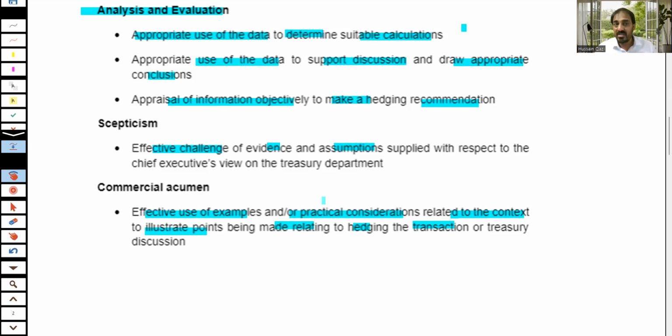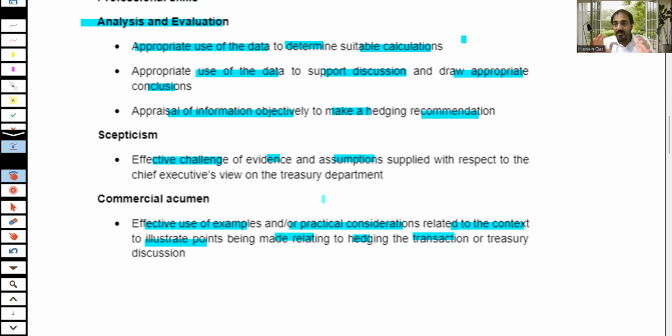That's commercial acumen. Do remember, the professional skills marks are not anything isolated or out of the world. You just need to develop your writing skills in a decorative manner. That's all.